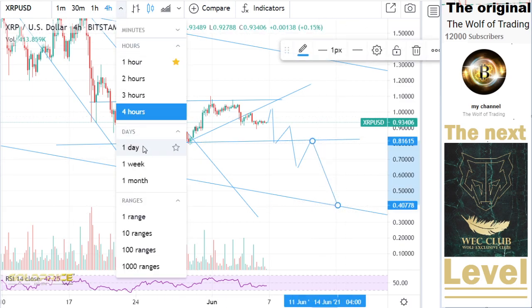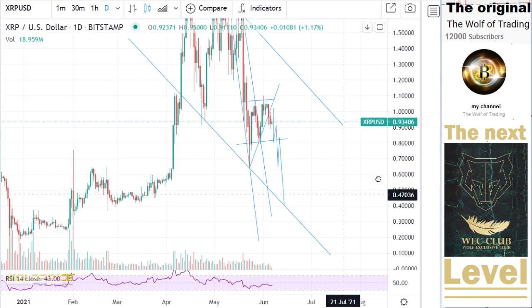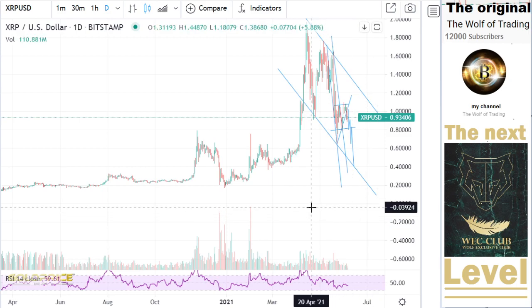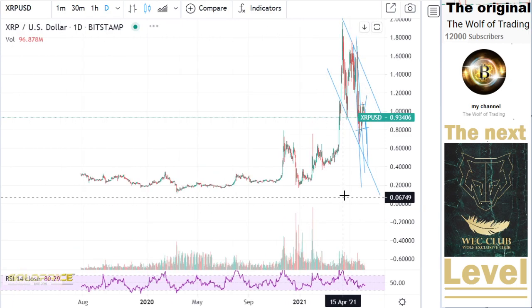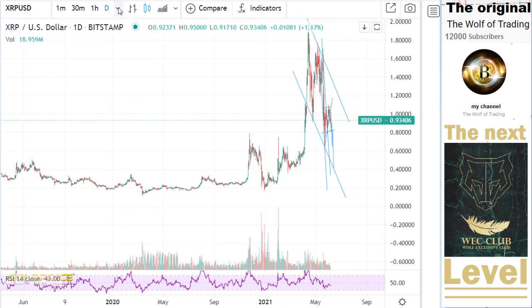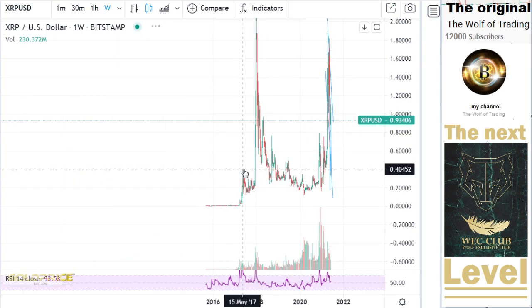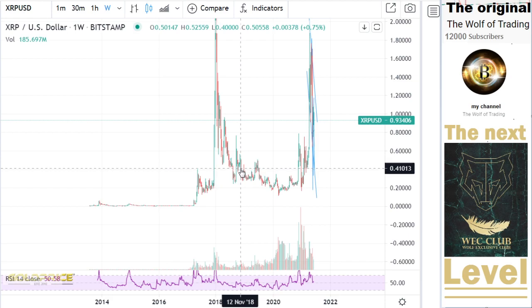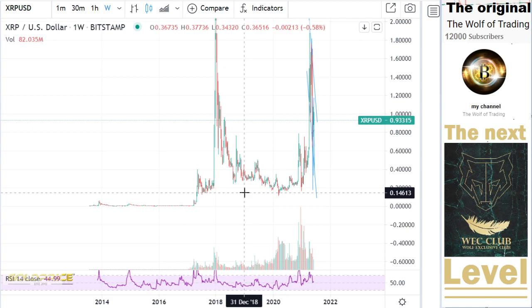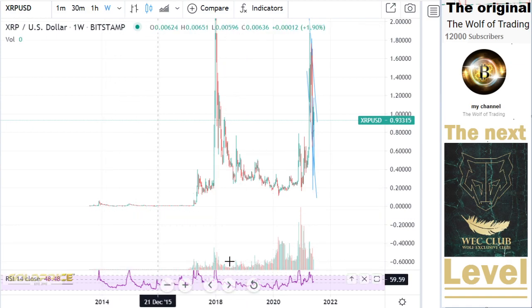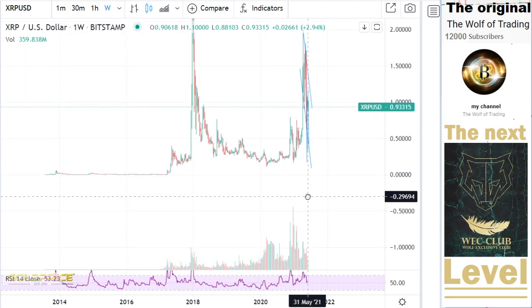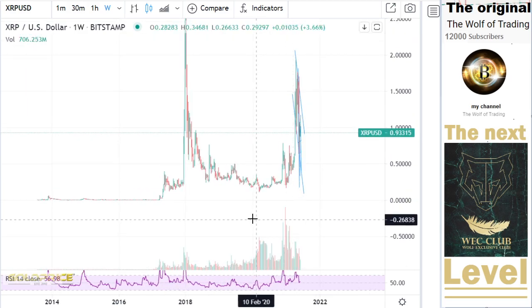We have to look. I think we could fall to 21 cent. Let's check the base here. If I look at this formation, we're coming from 2014.